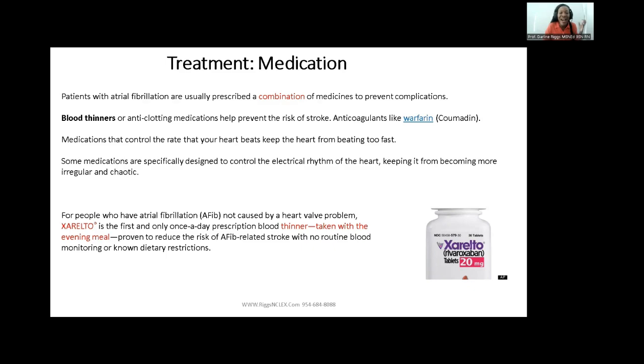It is not as high maintenance as Coumadin warfarin. There's a lot of maintenance for Coumadin, but with rivaroxaban, you take it daily with your meal, no blood work, no need to stay away from certain foods. Nope, none of that. Its job is to reduce the risk of AFib-related stroke. No blood work, no maintenance, which is great.